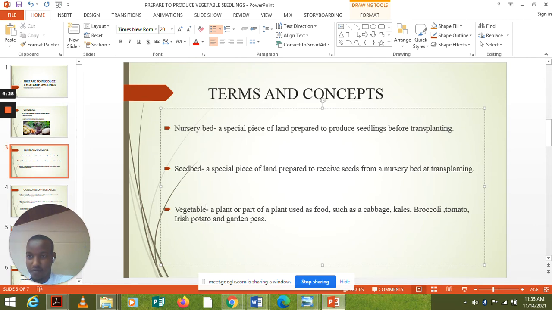Yeah, that is very true. A vegetable is a crop. You can say a plant or part of a plant used as food, e.g. cabbages, tomatoes, kales, and etc.